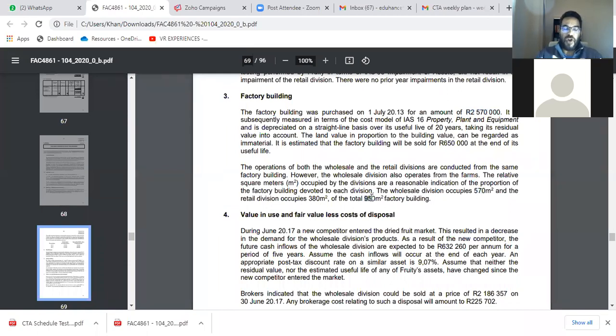So that is the portion of the factory building that will be allocated to the wholesale CGU. So when you can consistently and reasonably allocate a portion of a corporate asset to a CGU, you must do that. You need to allocate it to the CGU when you want to determine its carrying amount for impairment purposes. However, if you cannot, then there's a different way we'll have to follow, and I'll explain to you when we come there.